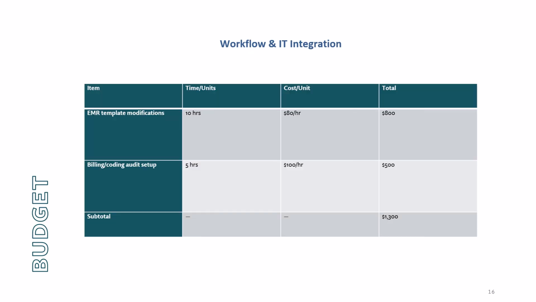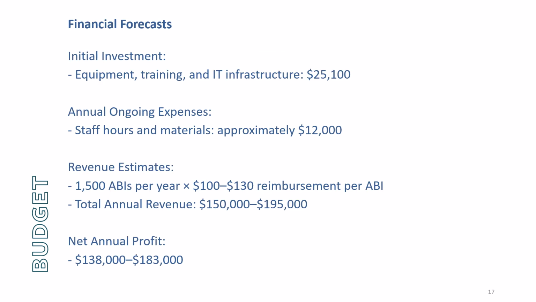Workflow and IT integration: EMR template modification should take about 10 hours at $80 an hour. Billing and coding and audit setup should take 5 hours at $100 an hour, for a projected subtotal of $1,300.